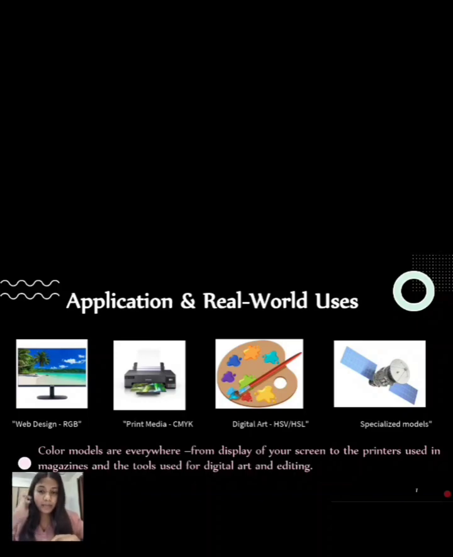Beyond these common applications, medical imaging uses specialized color models to highlight different tissue types, and satellite imagery uses custom models to analyze vegetation, water bodies, and land use. Each application chooses a color model that best serves its purpose.